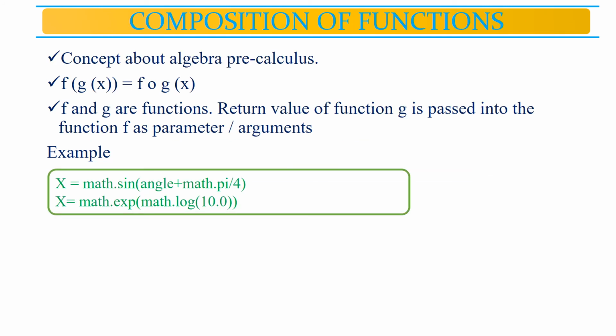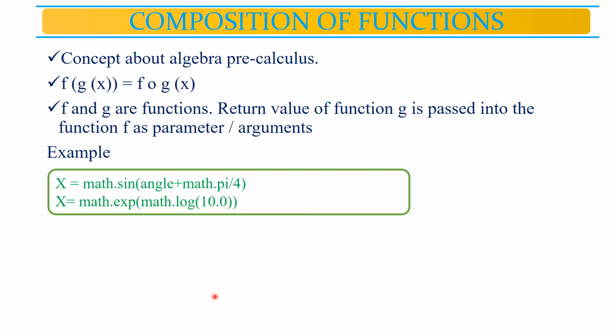The next one is composition of functions. Here we are going to learn the concept from algebra and pre-calculus, that is f of g of x is equal to (f∘g)(x), where f and g are functions. The value returned by function g is passed into function f as a parameter.